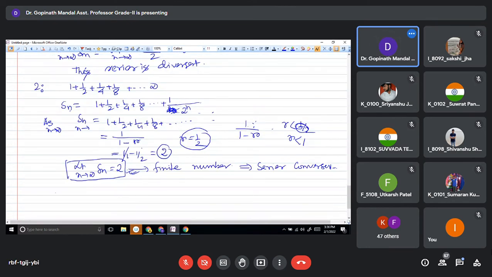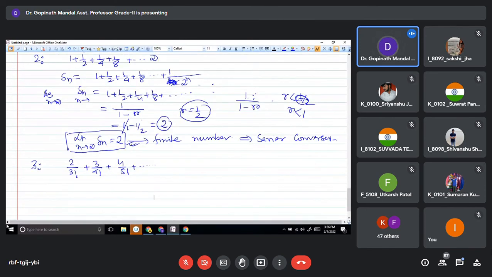Now, example 3. 2 by factorial 3, 3 by factorial 4, 4 by factorial 5. This is the series. So first find the term un. So this is u1, this is u2, and this is u3. So u1 equal to 2.